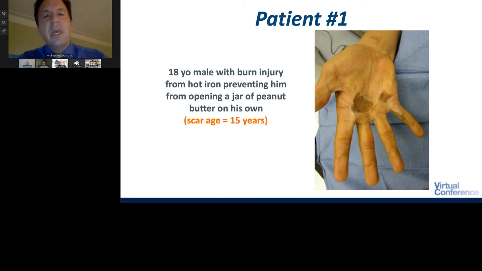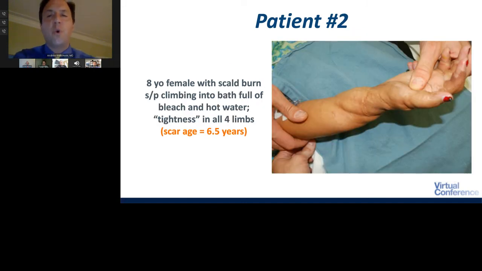The second patient is another example of that deep sort of dermal cord injury that I mentioned with the motor vehicle collision patient earlier. This is an 8-year-old who, as a child, about 1.5 years of age, had climbed into a porcelain tub full of scalding hot water and chemical chlorine bleach. She had the wherewithal, sort of like a cat, to get her body and her face out of the water.